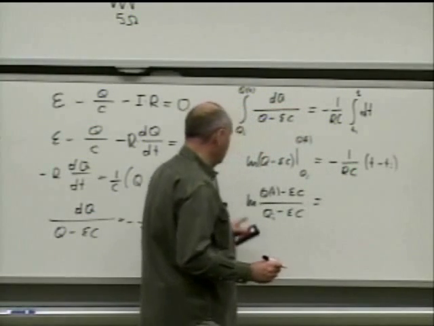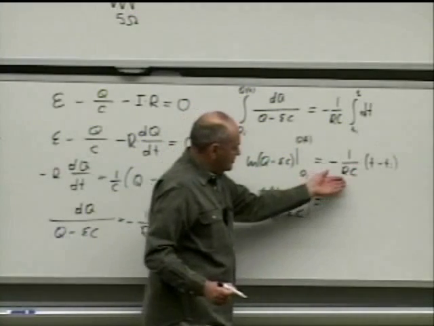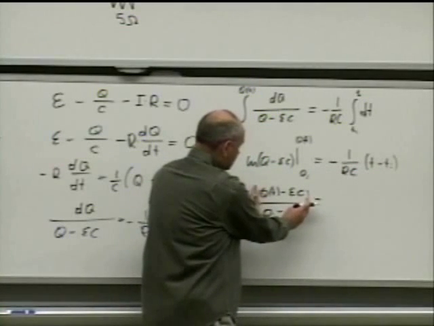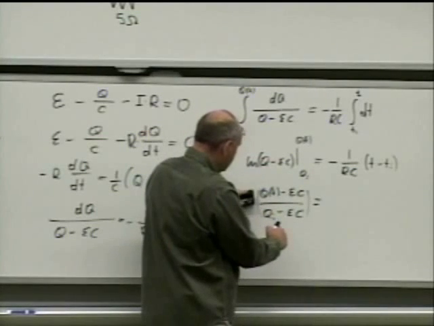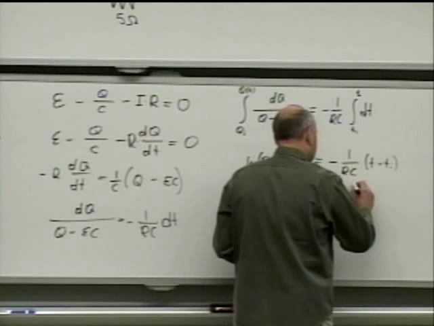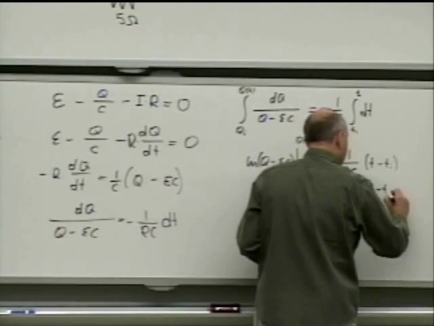How about actually if I move it further? Yeah, so this expression is equal to that, which means the logarithm of this expression, which means that the expression itself is e to this power, e to negative 1 over rc t minus ti.